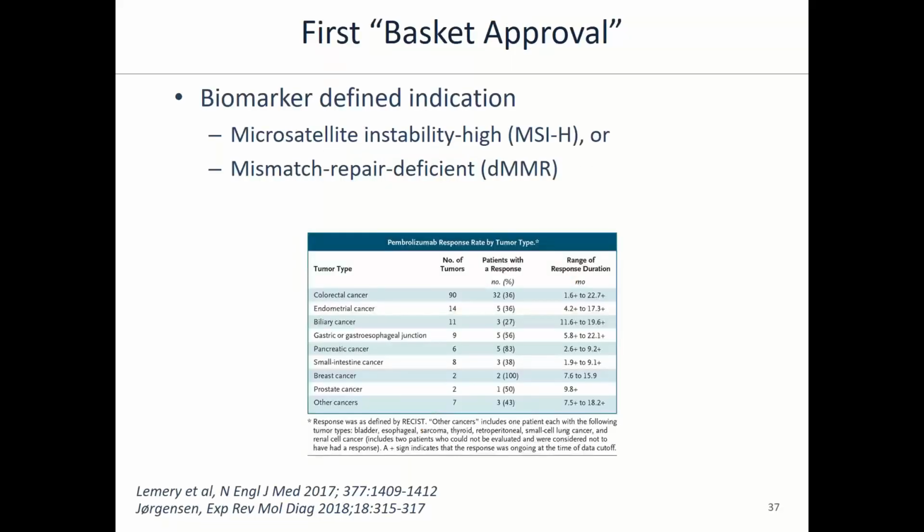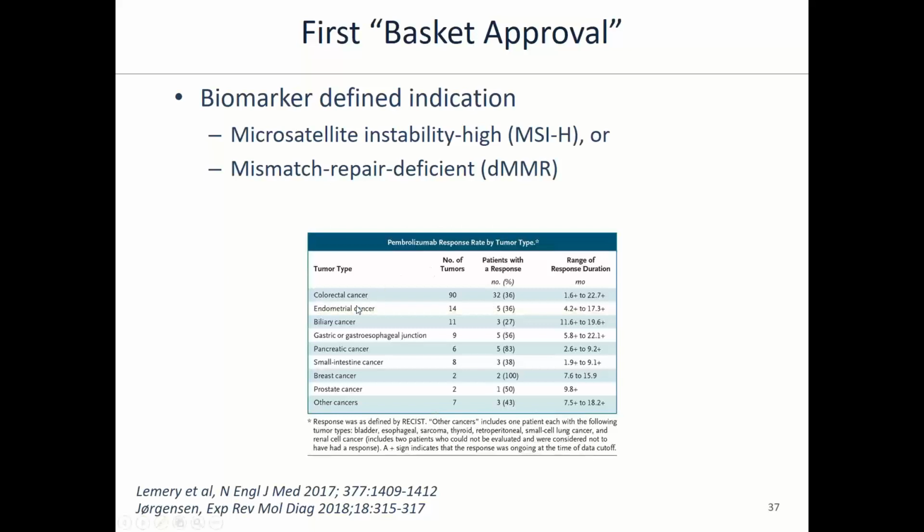And in 2017, I think, was what we would call the first basket approval by the FDA, or maybe better, a histology-agnostic approval, where pembrolizumab was approved in many different solid tumors.